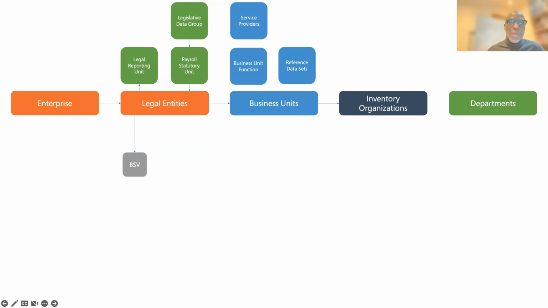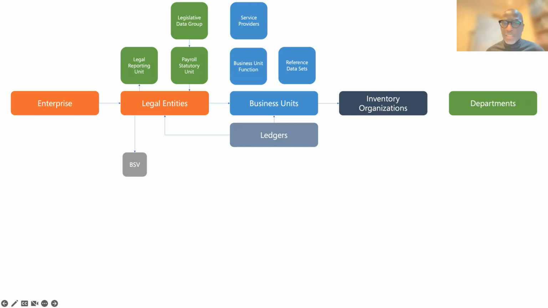Now, when you enter financial transactions, you will need something called a ledger. So the ledger maintains the records and is a required component in your config. And you have primary ledgers, which are created by combining your chart of accounts, which is the structure of your accounts.